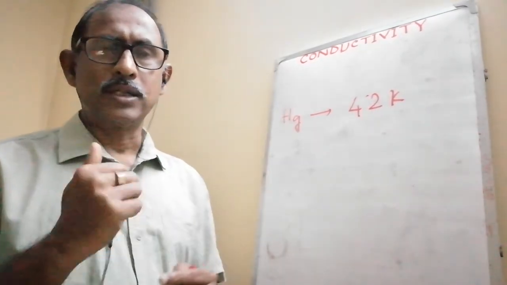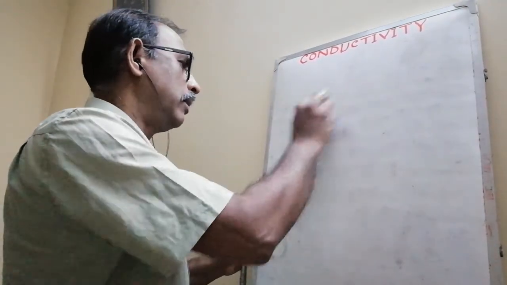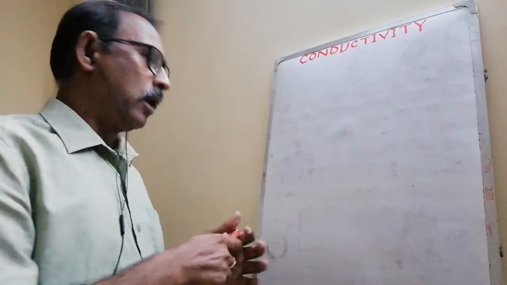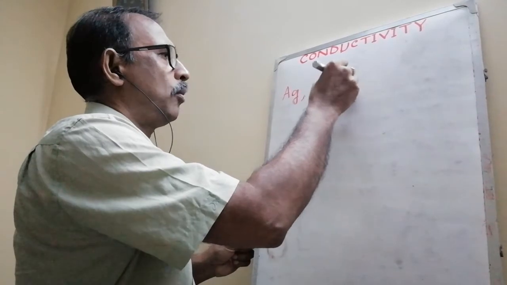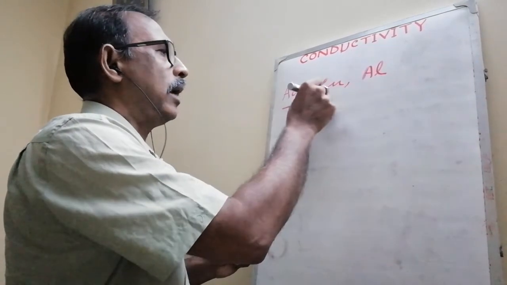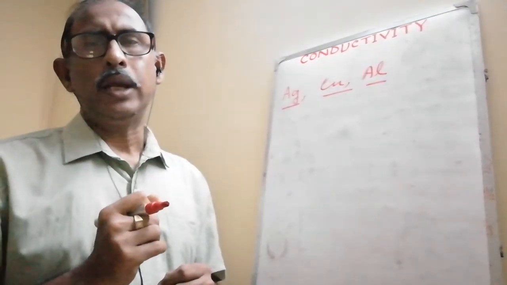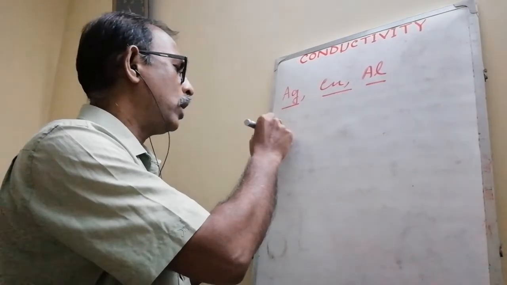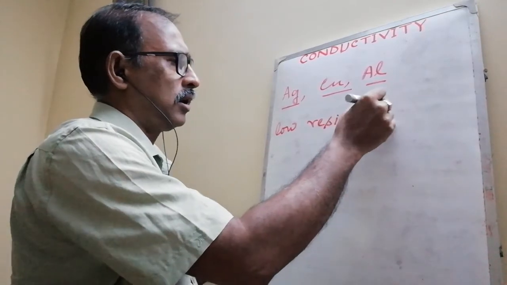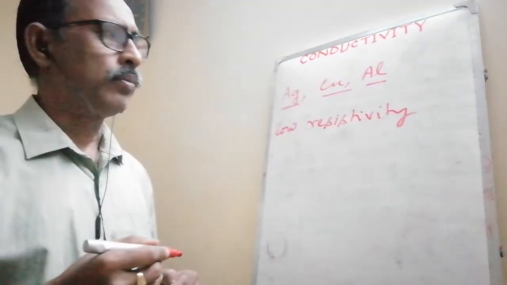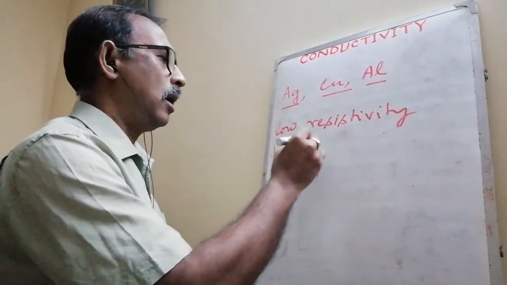What are their relations? Metallic conductors like silver, copper, aluminium have very low resistivity at normal temperature. As they have low resistivity, they have high conductivity.